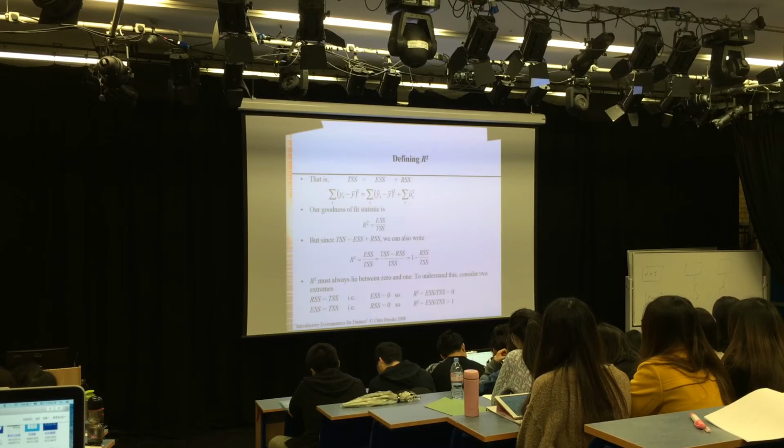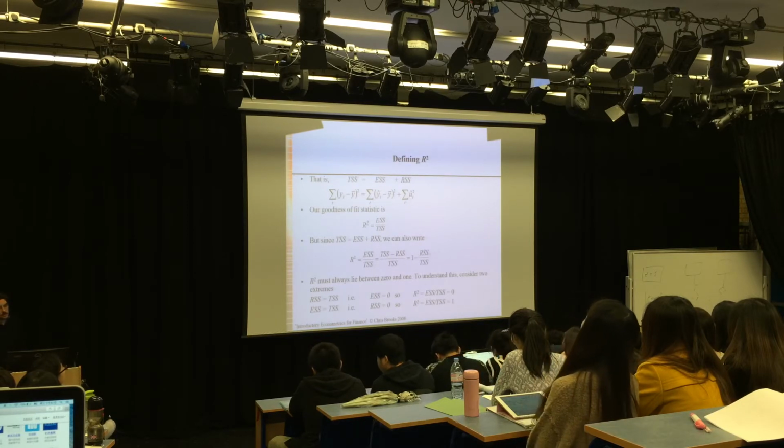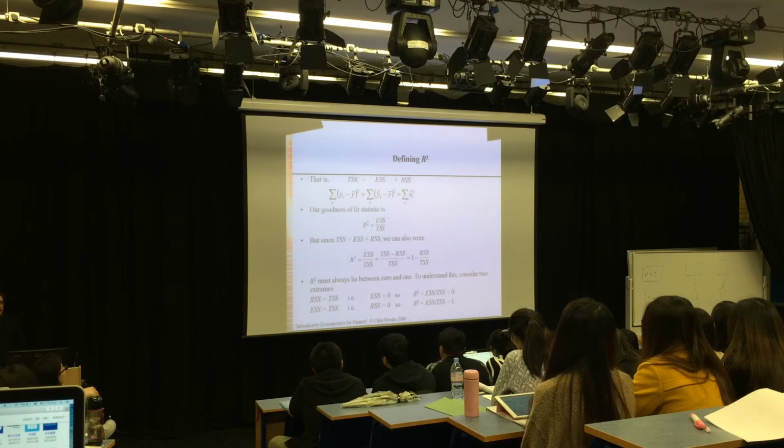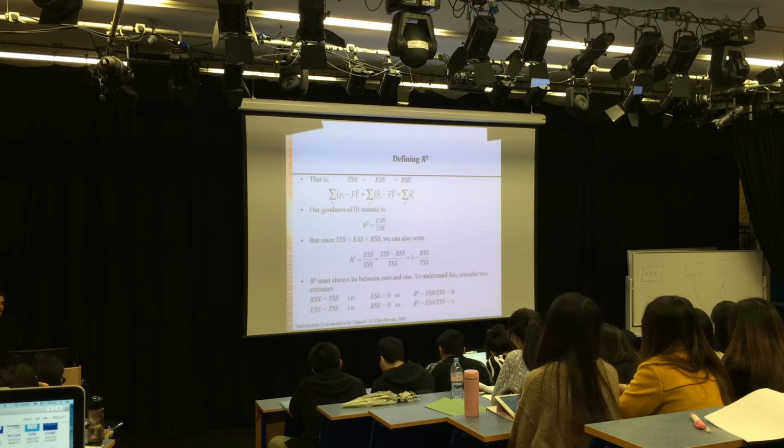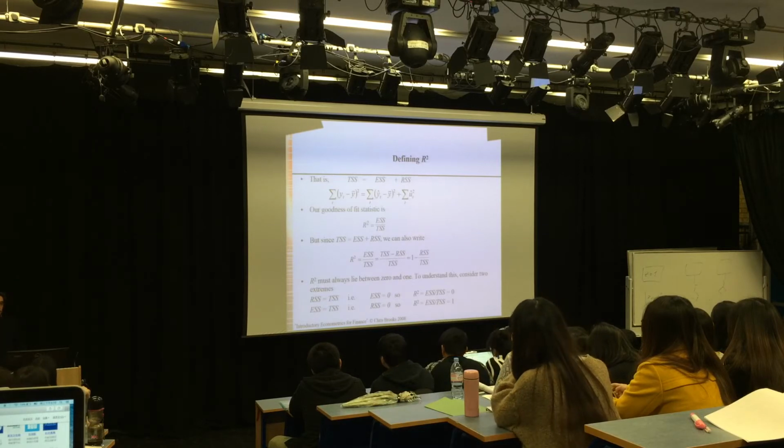So if your errors were 0 from your model, this bit on top will be 0, and you'd be subtracting 0 from 1, and you get an r squared of 1. The bigger the unexplained part is, or the smaller the explained part is, the worse your r squared is going to be.